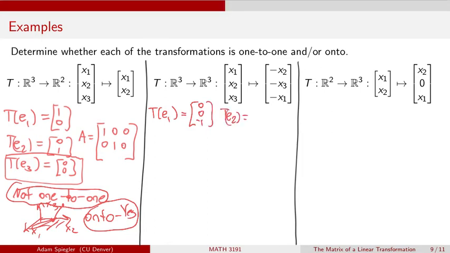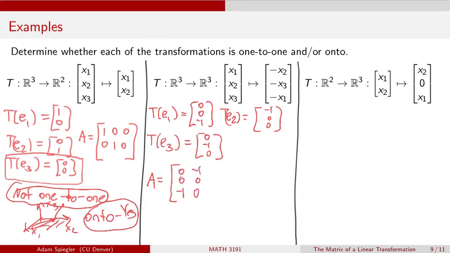The image of E2 would be minus 1, 0, 0. And the image of E3 would be 0, minus 1, 0. So for this matrix representation, the first column would be the image of E1, the second column is the image of E2, and the third column is the image of E3.